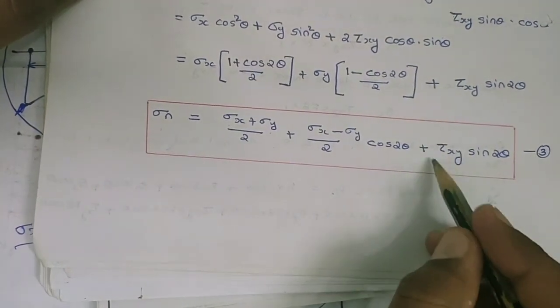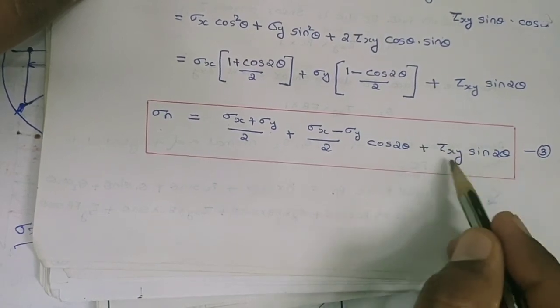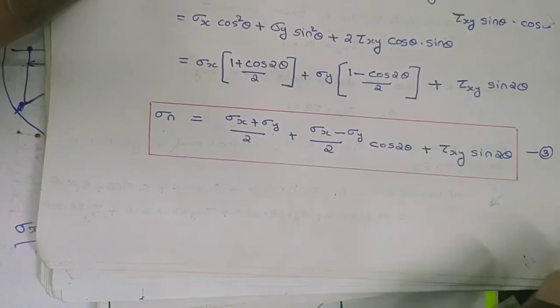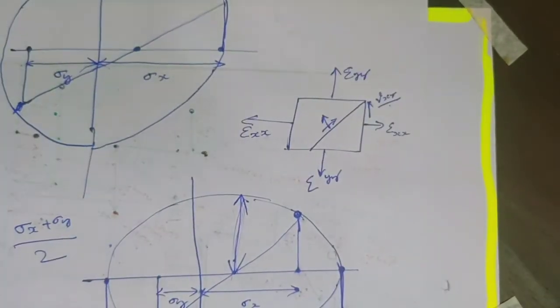Tau xy is not directly replaced with gamma xy, tau xy should be replaced with gamma xy by 2. And we can rewrite all the equations of stress transformation into strain transformation by replacing sigma n with epsilon and tau xy with gamma xy by 2. That is very important. And that is the transformation of strain.